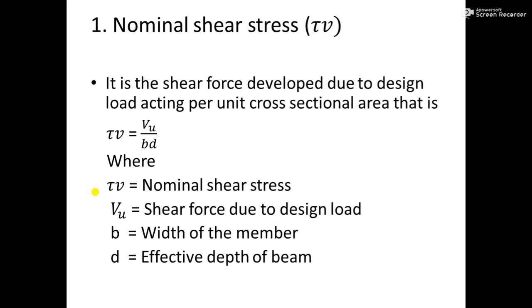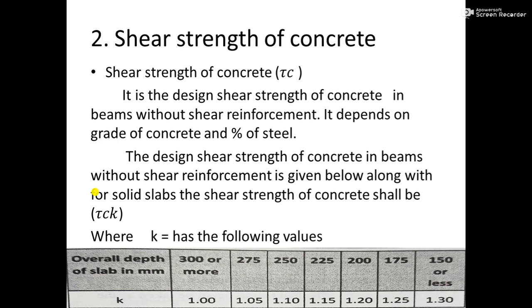That is, tau v is equal to Vu upon bd, where tau v is the nominal shear stress, Vu is the shear force due to design load, b is the width or breadth of the member, and d is the effective depth of the beam section.